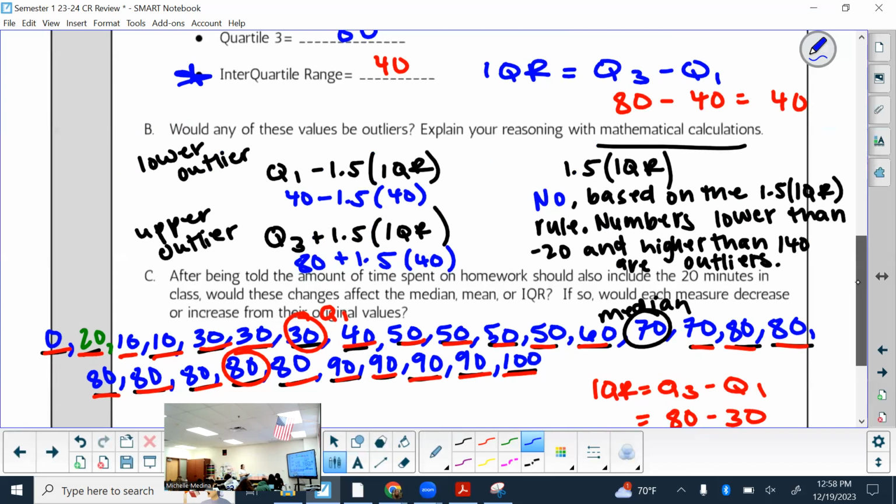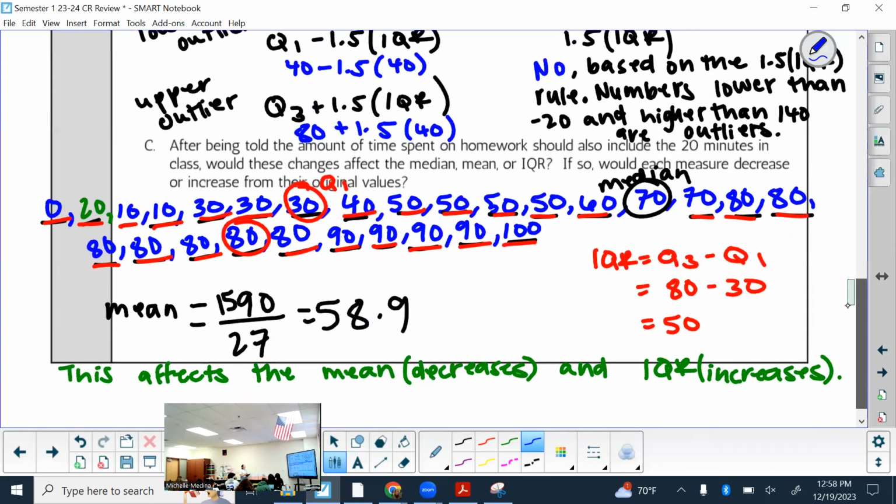Okay, so then the very last part, it says, after being told the amount of time spent on homework should also include the 20 minutes in class, would these changes affect the median, mean, or IQR? And if so, would each measure decrease or increase from their original values? So we had the median, mean, and IQR from before, and we still have our stuff in Desmos.